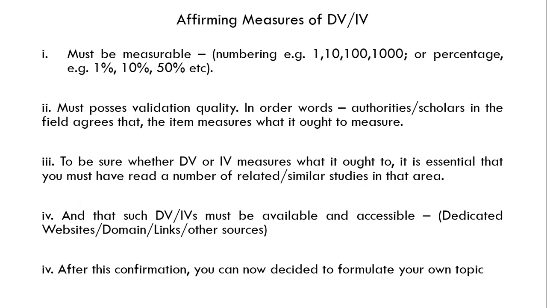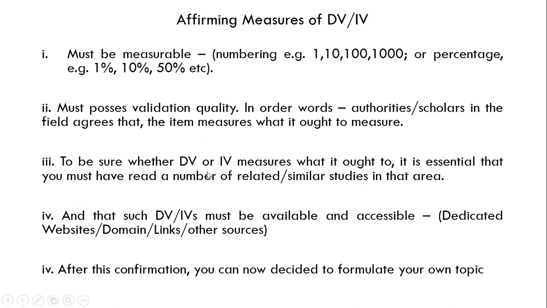It means that when you have decided on what measure you are assigning to either your dependent or independent variable, this measure must have been affirmed in the literature by scholars and authority in the field, meaning that the item is meant to measure what it ought to measure.